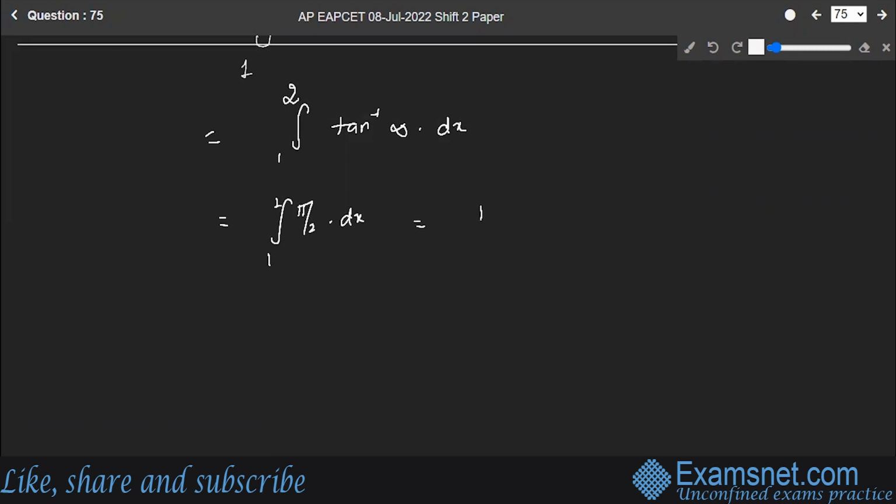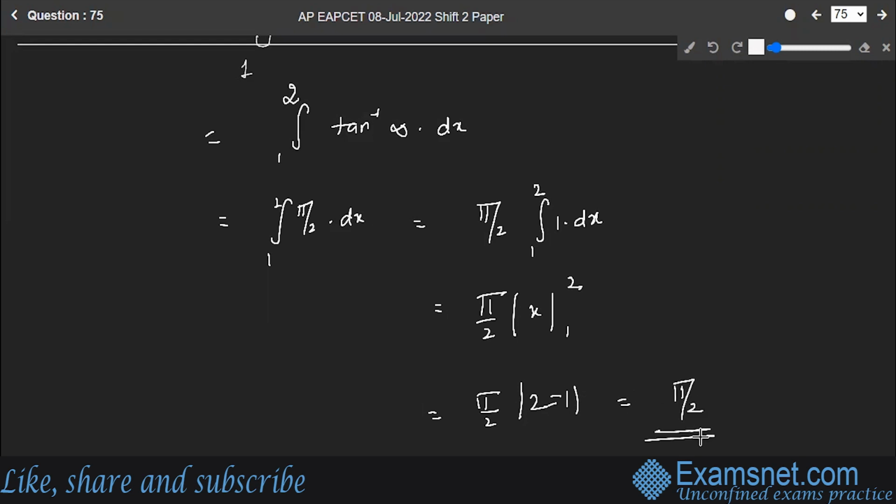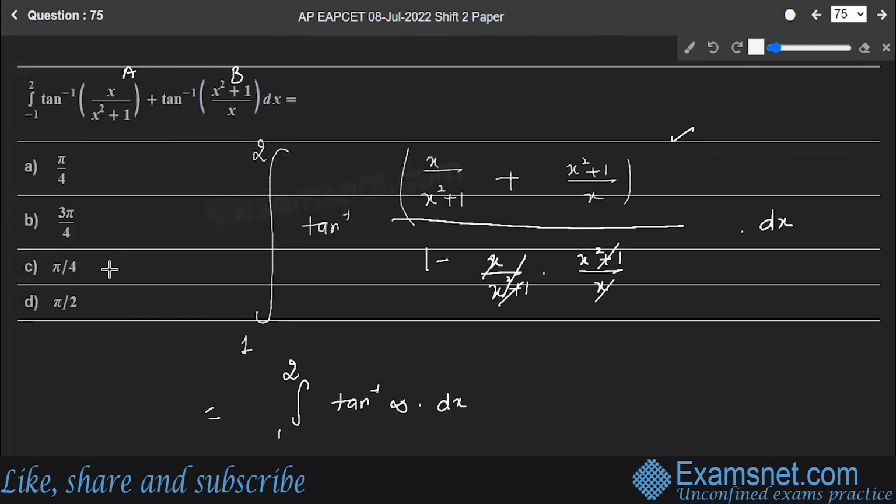So pi by 2 will be taken outside, the integral of 1 into dx from 1 to 2, which is x from 1 to 2. So pi by 2 times (2 minus 1), which is equal to pi by 2 again. So this is our answer. Simple question. We have option D as the answer to our problem.